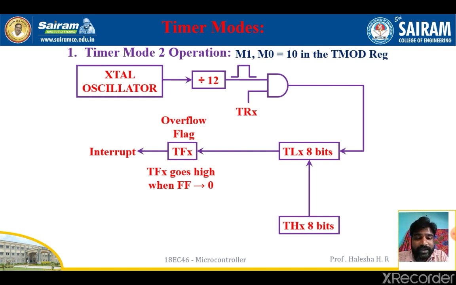Meanwhile, it gives the instruction to THX to copy the initial value into TLX, and again it repeats. So here there is no need to load the initial value again and again. This is the advantage of mode 2 compared to the other modes.